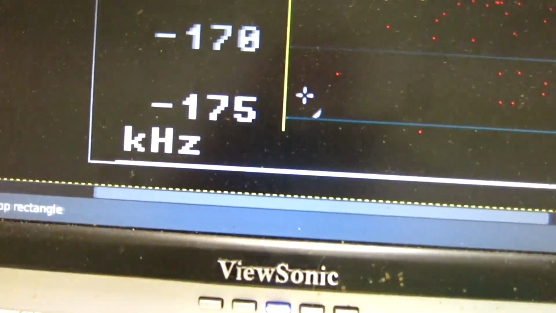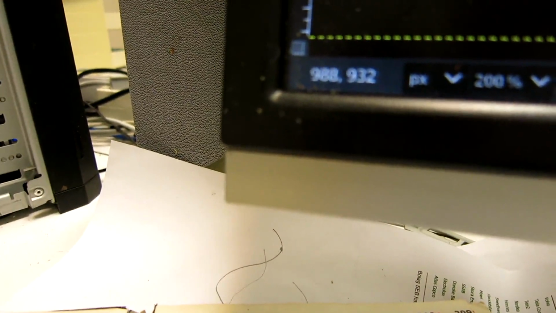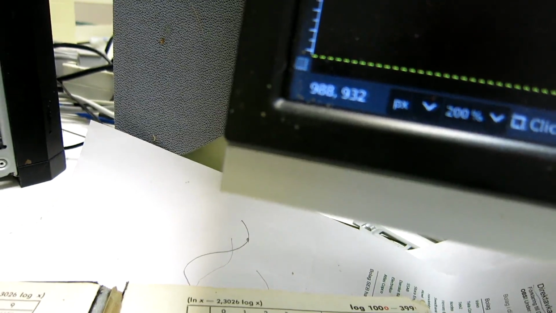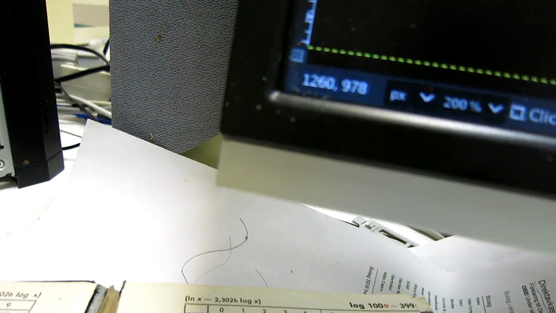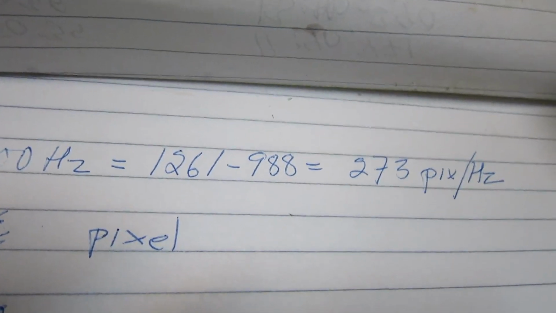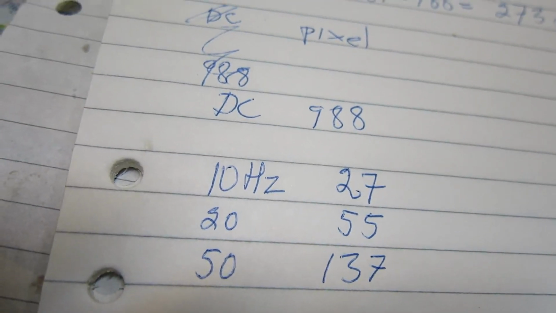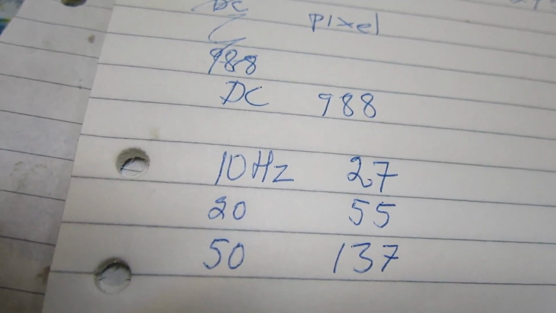I can find the x coordinate for 0 Hertz here, and then read it as 988 pixels, and then I put the cursor on 100 Hertz, and that's 1261 here. So I find 1261 minus 988, that's 273 pixels per hertz. So I can find the x coordinate for frequencies 10, 20 and 50 hertz, like this.